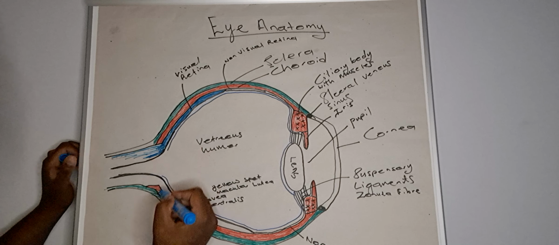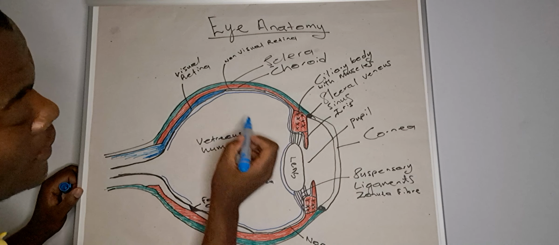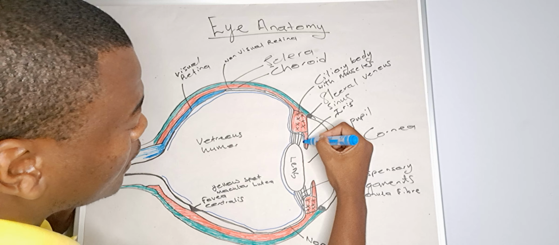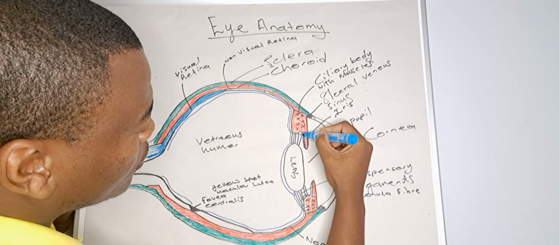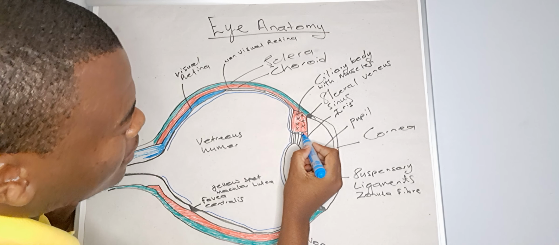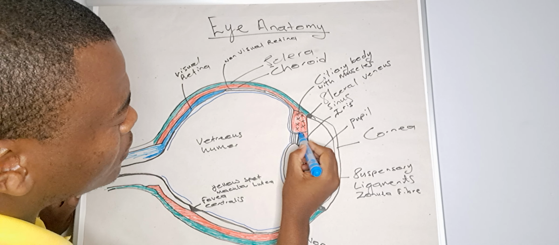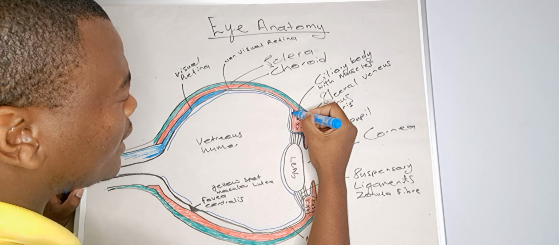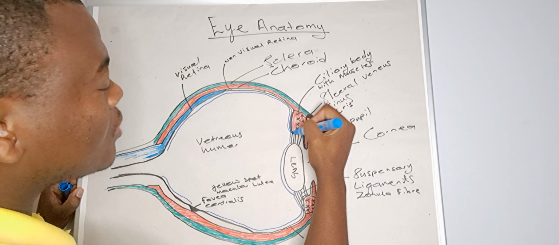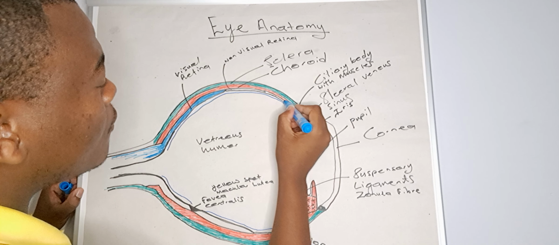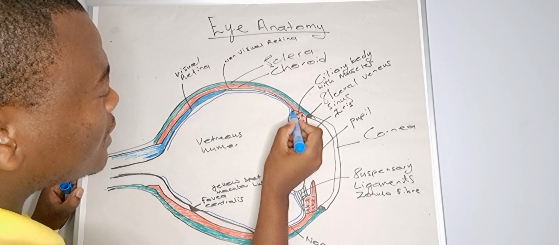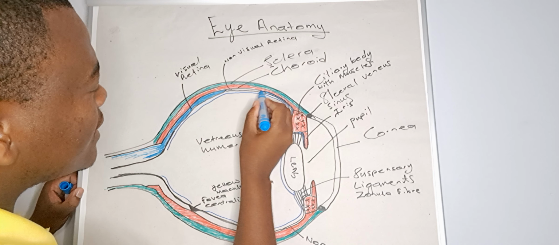From here to here, at the back of the iris, this will be your non-visual retina. This one we cannot say is not useful. It is useful because it's part of the layer. The only difference is that this one is not visual. This one doesn't contain light sensitivity.